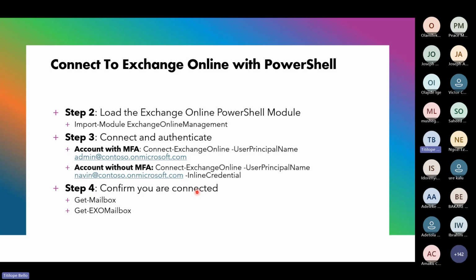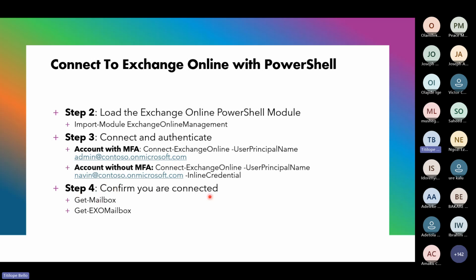If you have MFA enabled for the account that you are using to connect, the moment you run this command, the command is Connect-ExchangeOnline. Then I'm putting a parameter: we connect with this user, admin@domain.com. Then it will prompt you to enter your username and password. And once you are done, it will tell you whether it's successful or not.